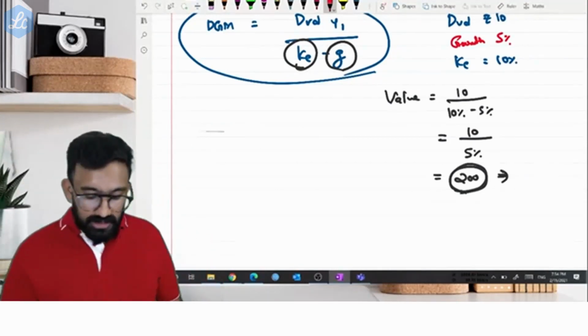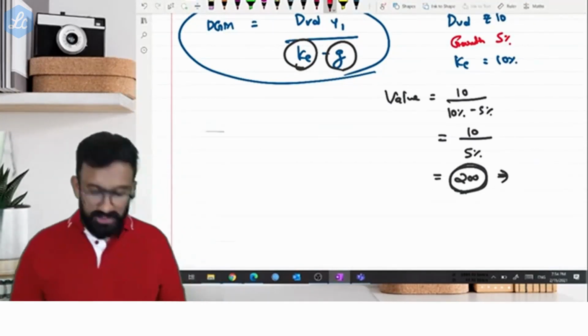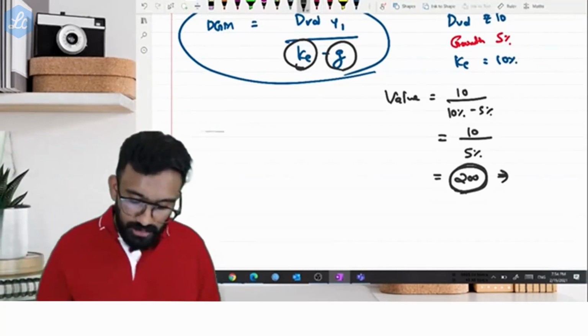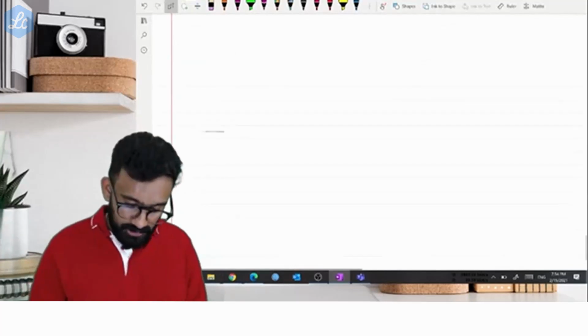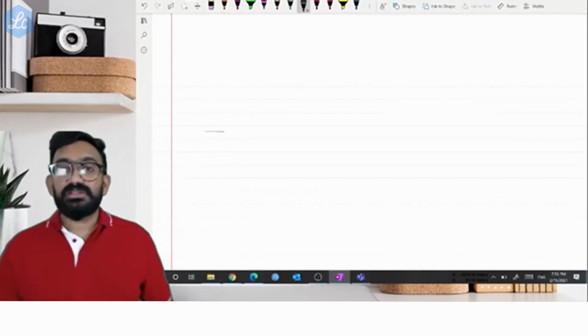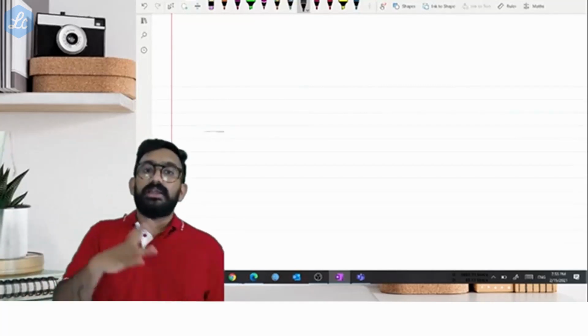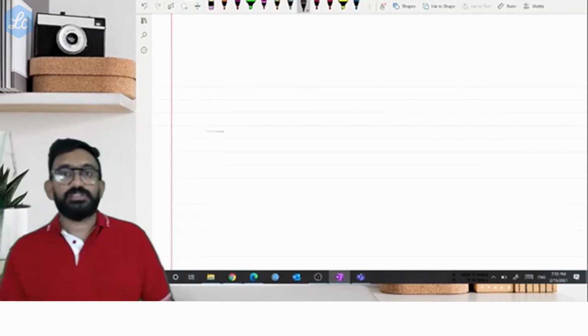Now the growth need not be constant. The growth can actually fluctuate. Now let's assume a computation in that manner as well. These methodologies remain the same if you are changing your cash flow from dividend to free cash flow as well.